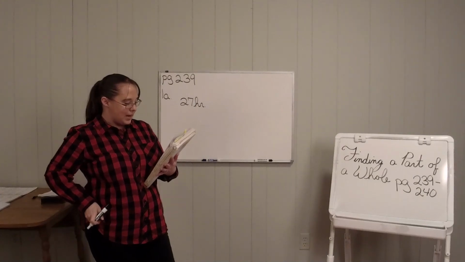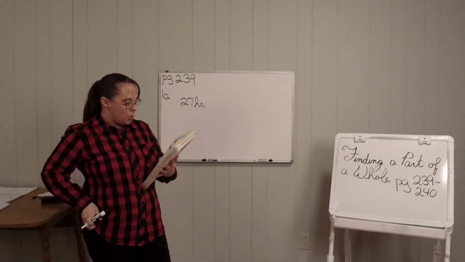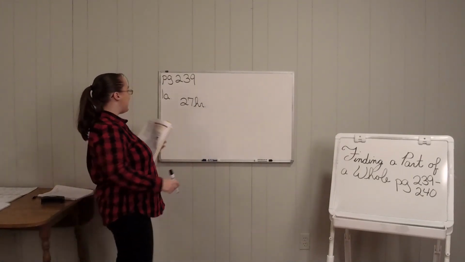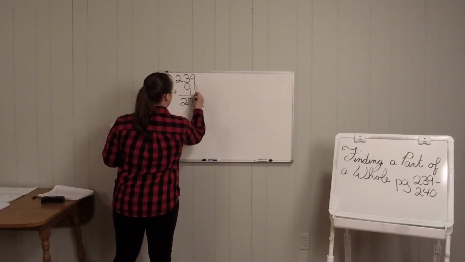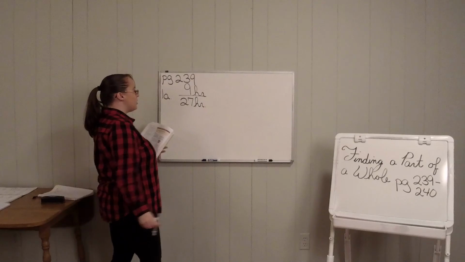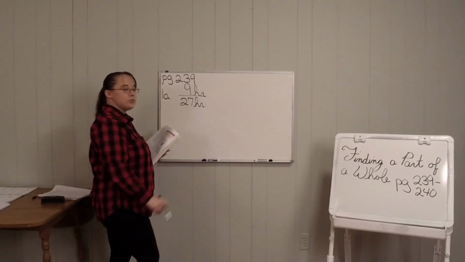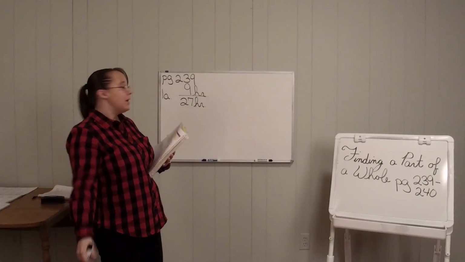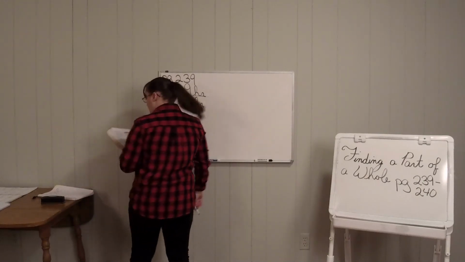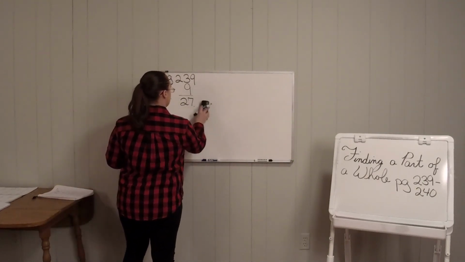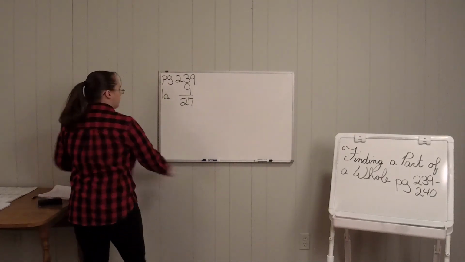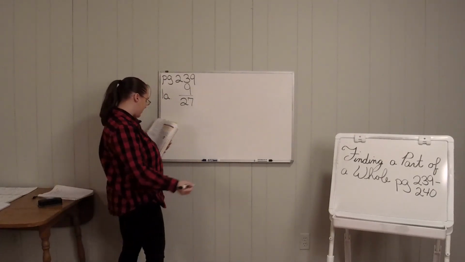For what part of the time he worked was he paid? So it said he worked 9 hours. Well, the smaller number is 9. 9 goes on top of 27. If I erase the HR, you have a fraction, 9 over 27.